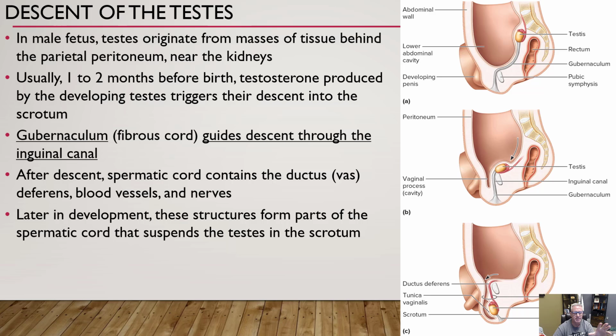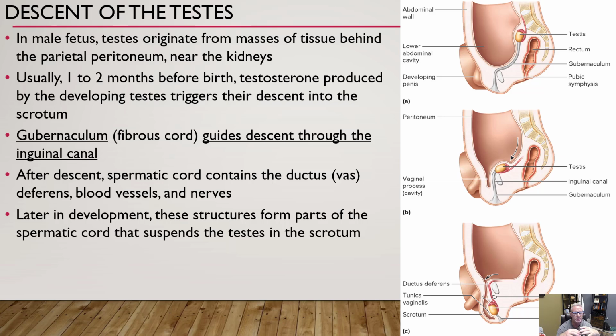After descent, the spermatic cord develops along with the vas deferens, blood vessels, and nerves, which eventually form parts of the spermatic cord in the scrotum.